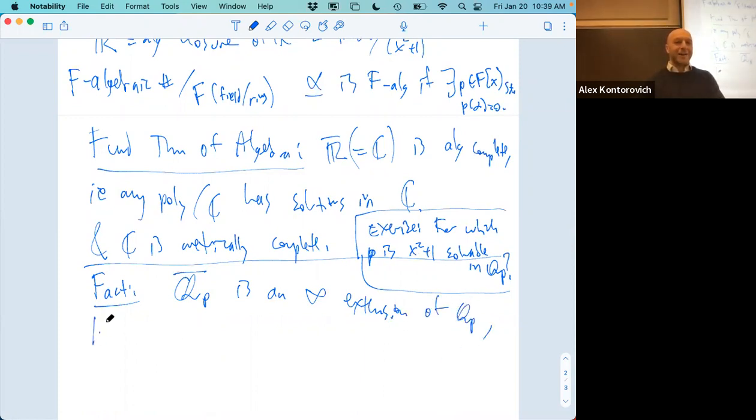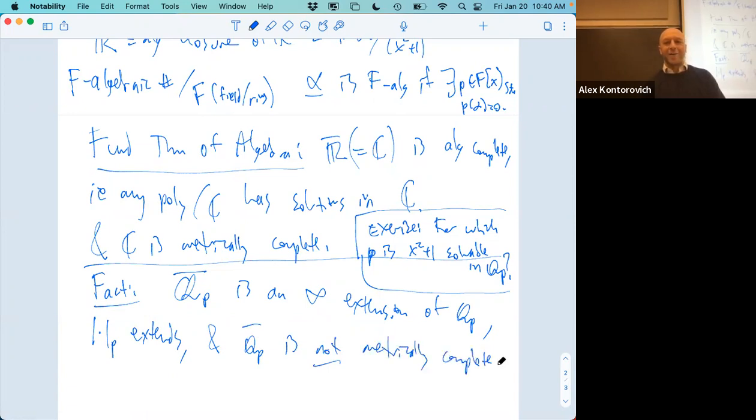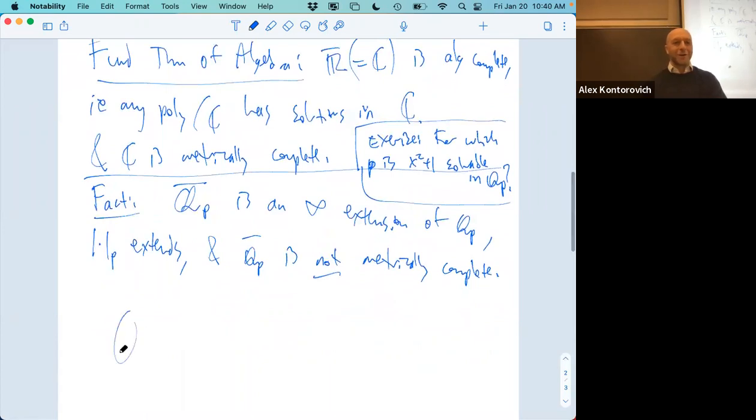You can extend this p-adic norm, and Q_p bar is not metrically complete. So now you go, oh crap. We're going to start with Q, complete it metrically up to Q_p, then algebraically complete up to Q_p bar. And who the hell knows if this thing just doesn't go on forever?